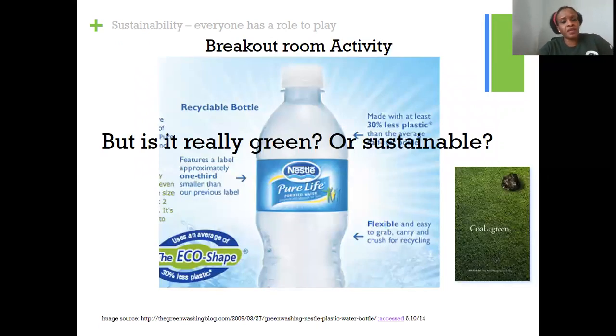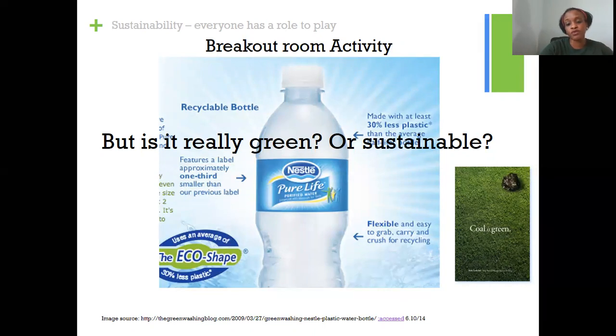This is an activity that I would like you to carry out in your Microsoft Teams channels to determine if this Nestle water bottle is green or sustainable. I will post these slides on Canvas, so they will be available to you in your Microsoft Teams channel.